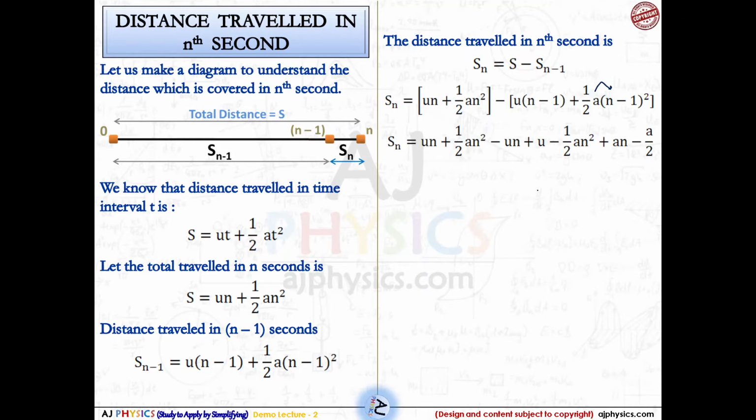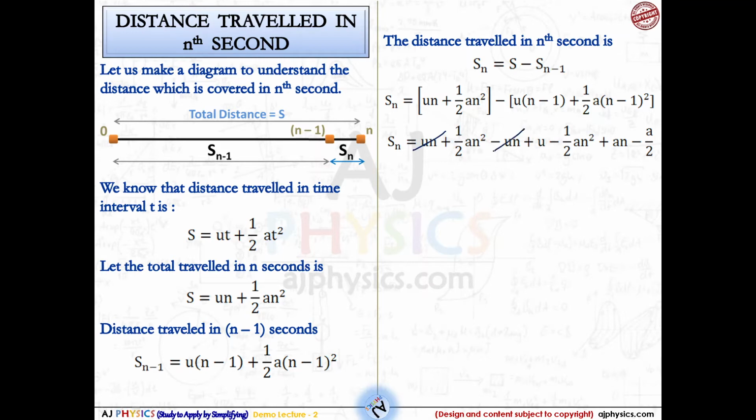So you would get half an square, minus will become positive because of the negative here. So this is an, and minus a by 2 because this is only 1 here. You can solve this easily, just opening up this square and this bracket, and multiplying the negative sign throughout with the terms. So you will definitely get this result.